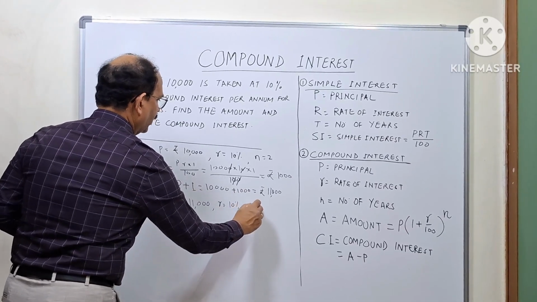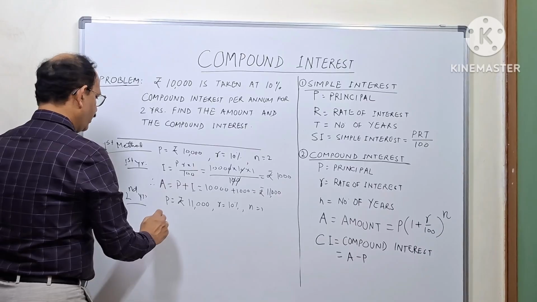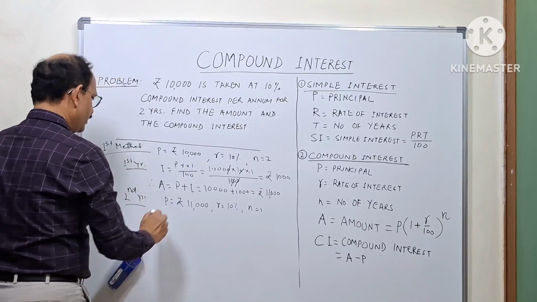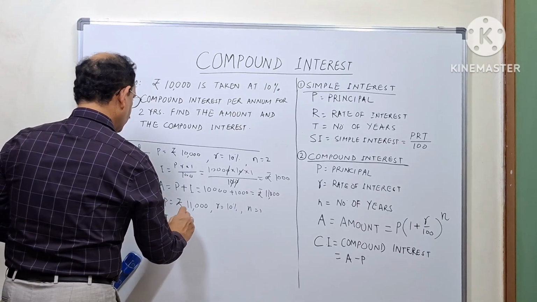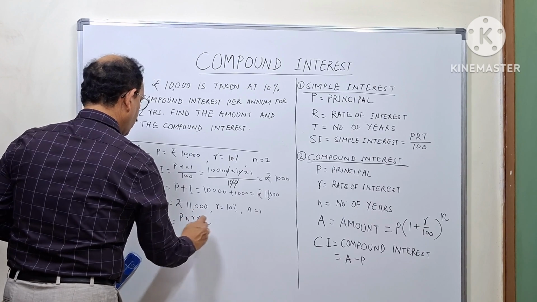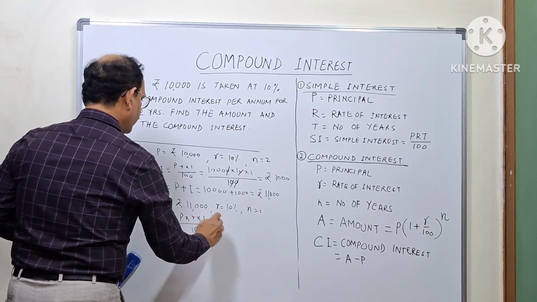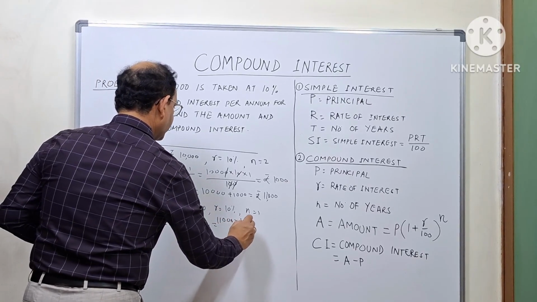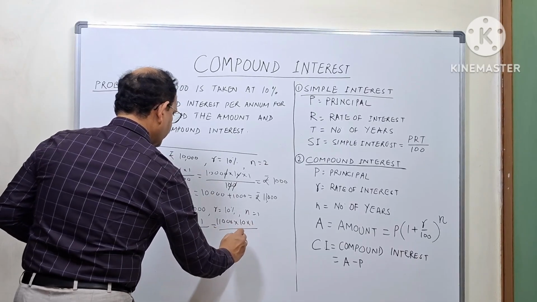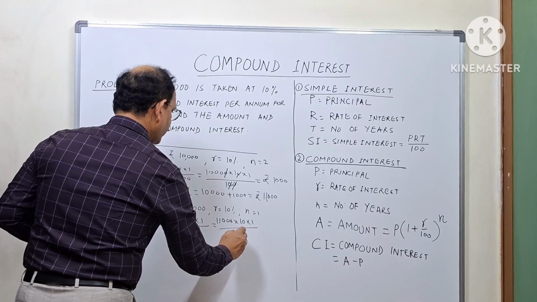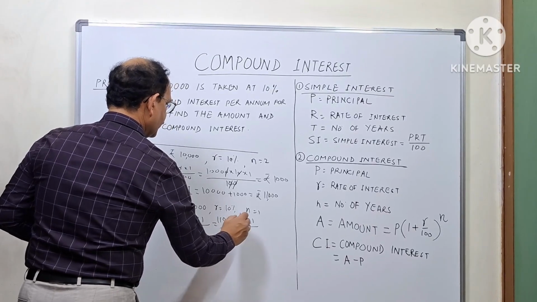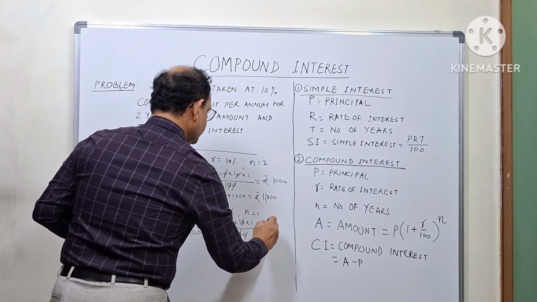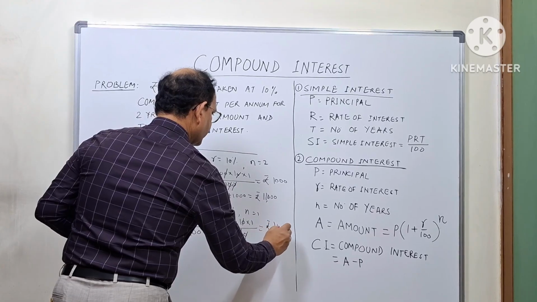So n equal to 1, and therefore my interest in the second year will be equal to P into R into 1 divided by 100, and P in this case is 11,000 multiplied by rate of interest 10 for 1 year divided by 100, and therefore these 2 zeros go, and this becomes rupees 1,100.